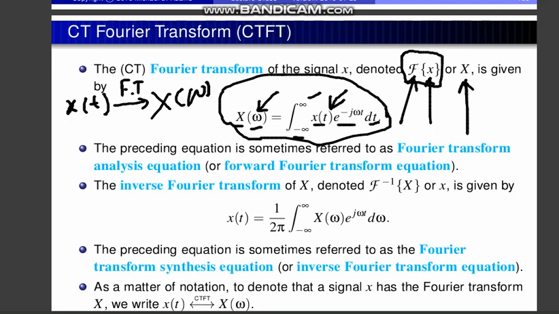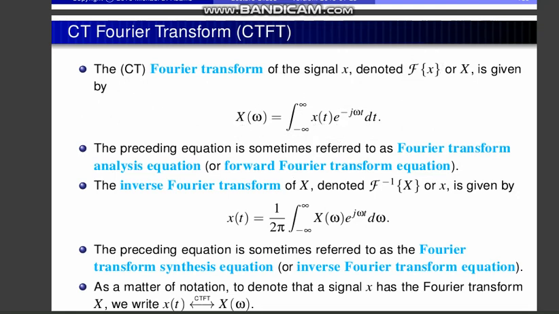That means the time domain signal is now a frequency domain signal, and omega is the angular frequency of the signal. The general procedure is that if you know the function x(t), you put the function here and integrate with e to the power minus j omega t dt, that is, with respect to time. This equation is sometimes referred to as the Fourier transform equation or Fourier transform analysis equation.